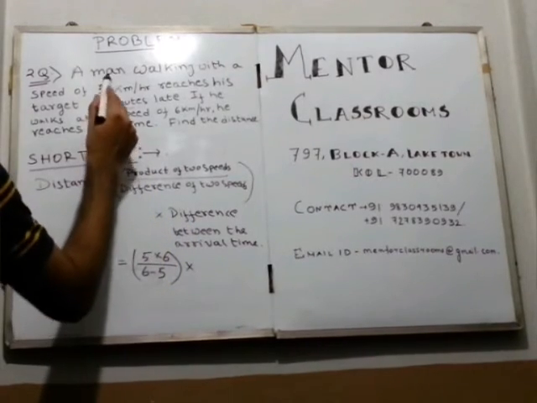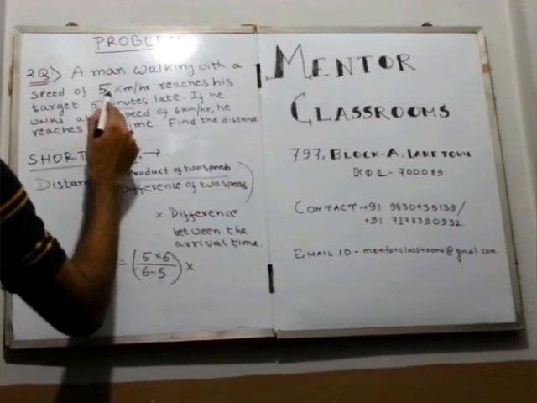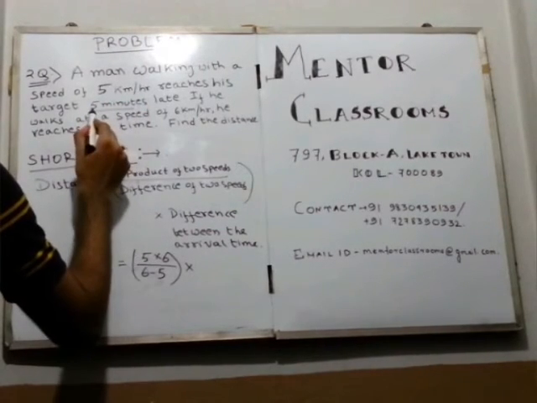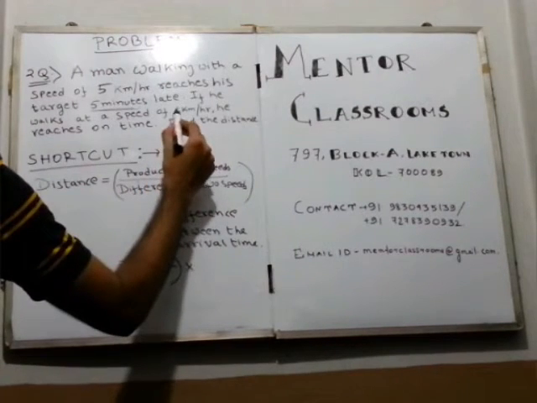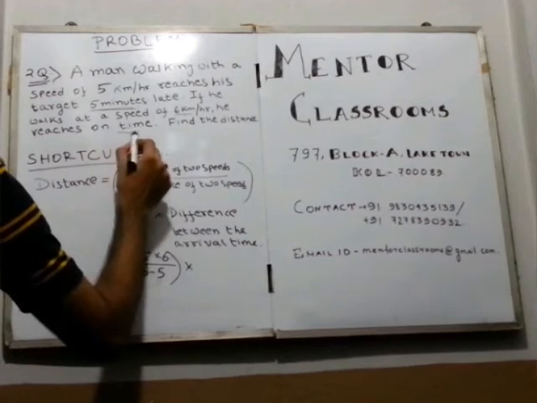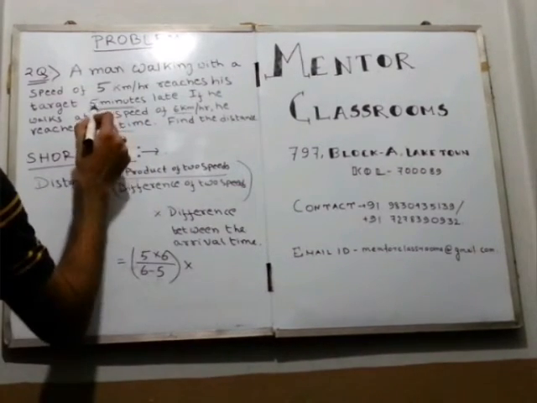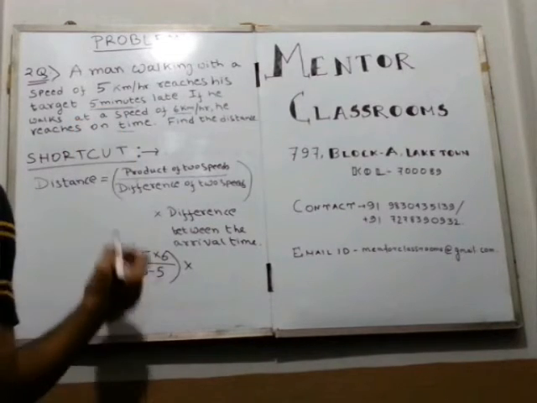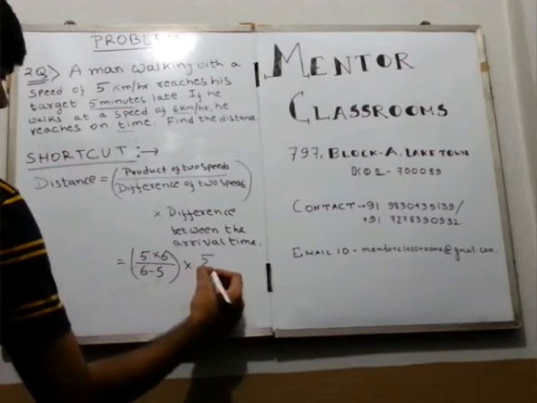Means if the man is walking with a speed of 5 km per hour, he will reach 5 minutes late. But if his speed is increased to 6 km per hour, he reaches on time. So the difference in arrival time, as you can see, is 5 minutes. So here also be cautious about the units.